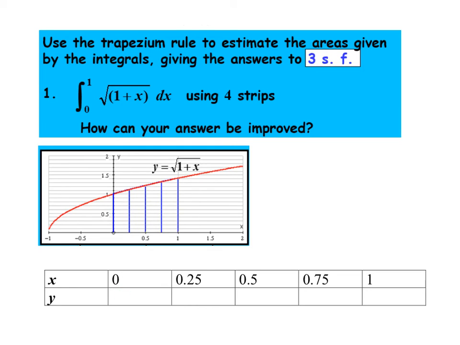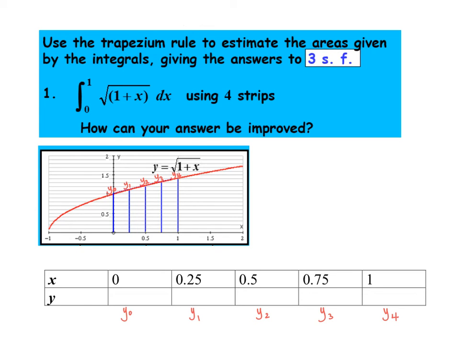So this is going to be y0, y1, and so on. So I'll put that underneath. That's going to be y0, y1, y2, y3, and y4. And that corresponds to the strips that we're using here.